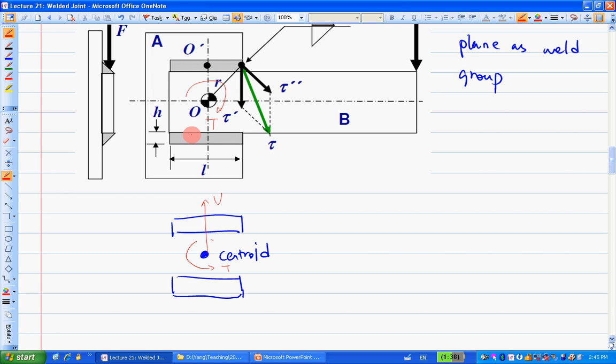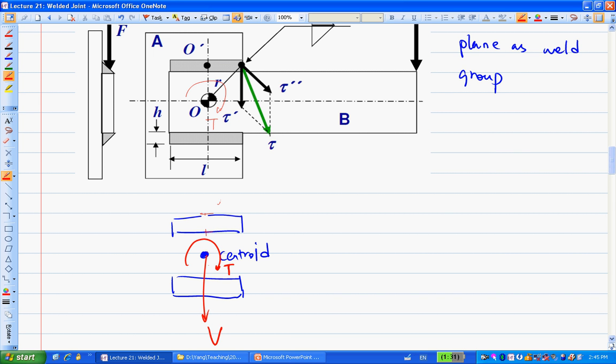So if I draw the external forces on the weld group, I would draw basically two things: one is V here, and the other is T here. So those are the two external forces and a torque on this weld group.